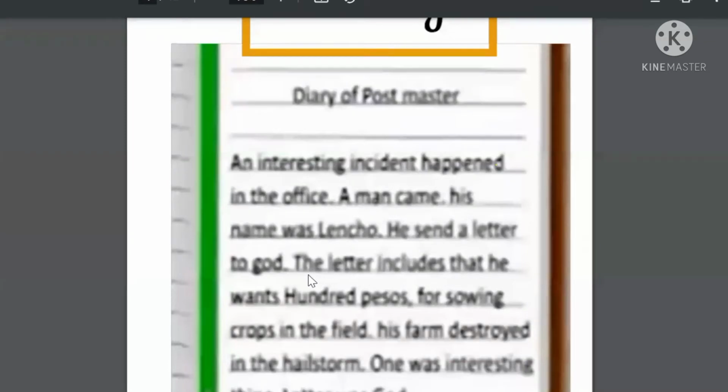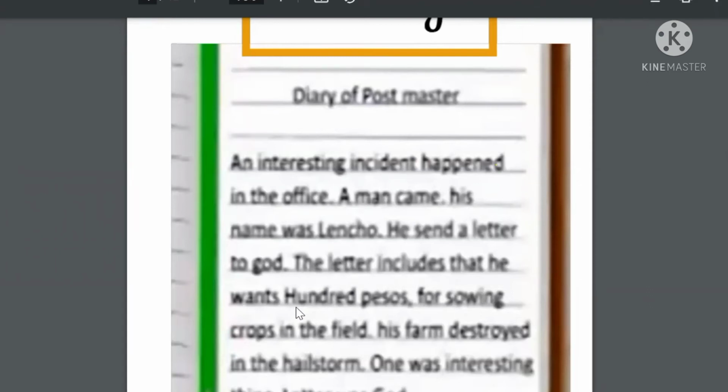Yeah, you are right. This is in present tense. It is written in present tense. So, we have to change this word. The letter added that. Change includes and write added. Added that he wanted. We have to change this to past tense.